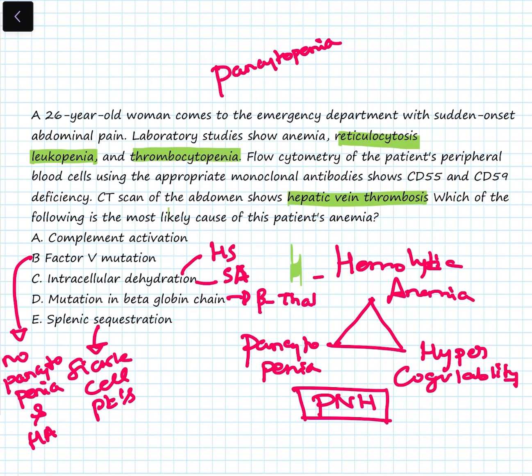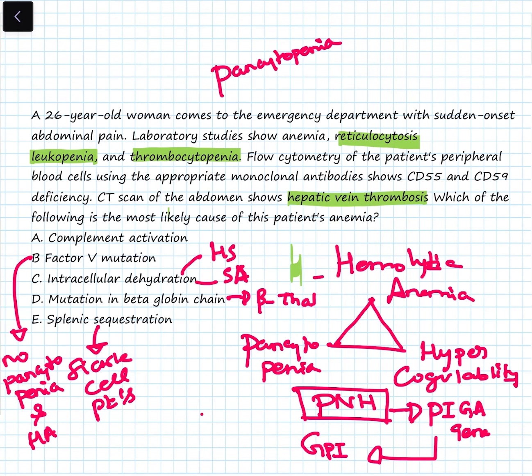So what is the problem with PNH? PNH is a condition where the patients have an acquired mutation in the PIGA gene. Whenever the patient has a PIGA gene mutation, this causes absence of a substance called GPI, the glycosylphosphatidylinositol anchor protein.